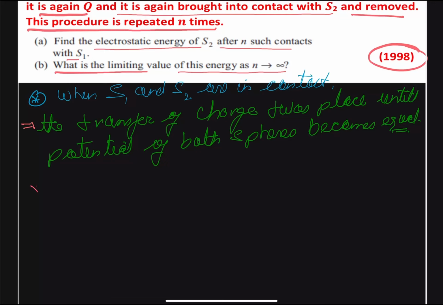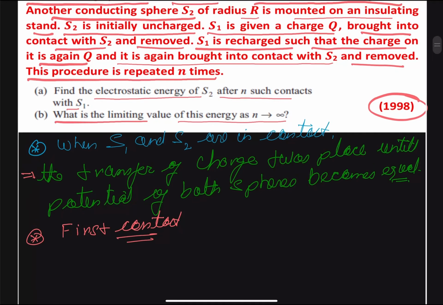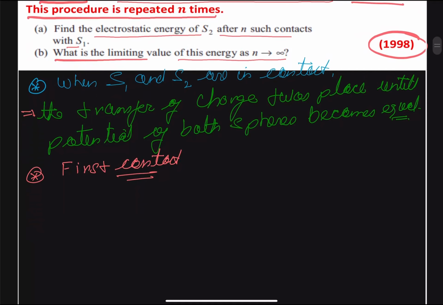First contact. Initially there is no charge on S2 and the charge on S1 is given as Q. In the first contact, let us assume that the charge shifted from S1 to S2 is Q1, and this shift goes on until the potential becomes equal.